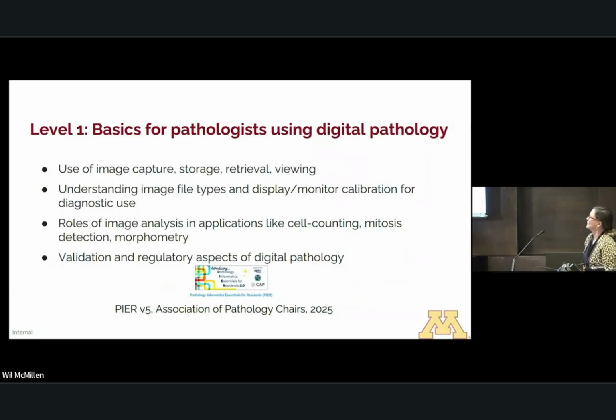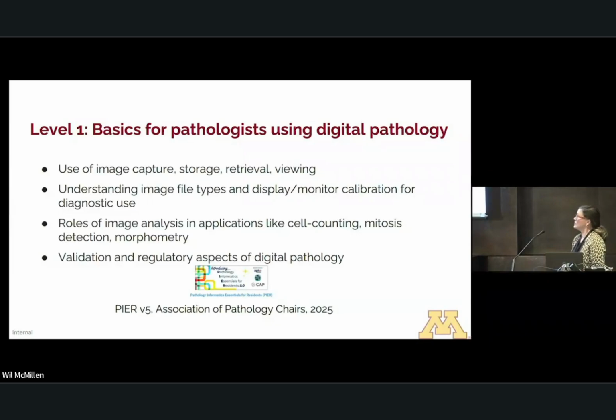And so, as expected, right? This would be including the basics of image capture, understanding the basics of image calibration, file types, the file handling and manipulation, the roles of image analysis in applications that do similar functions that pathologists do today, like cell counting, mitosis, quantification, et cetera.